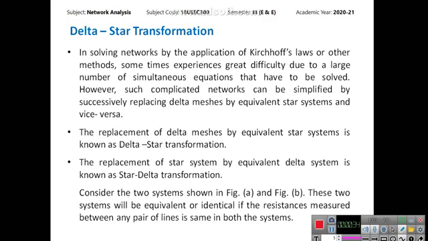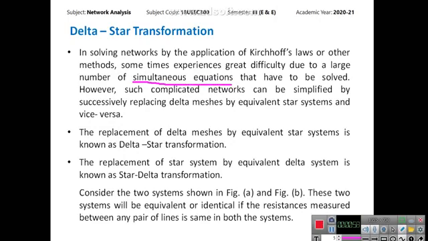In solving networks by the application of Kirchhoff's laws and other methods that you already know, one sometimes experiences great difficulty due to the large number of simultaneous equations, because of the equations you have written for a given network.